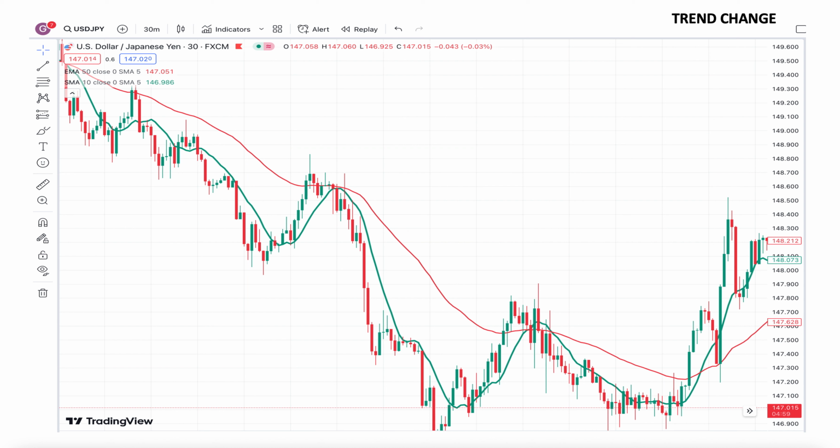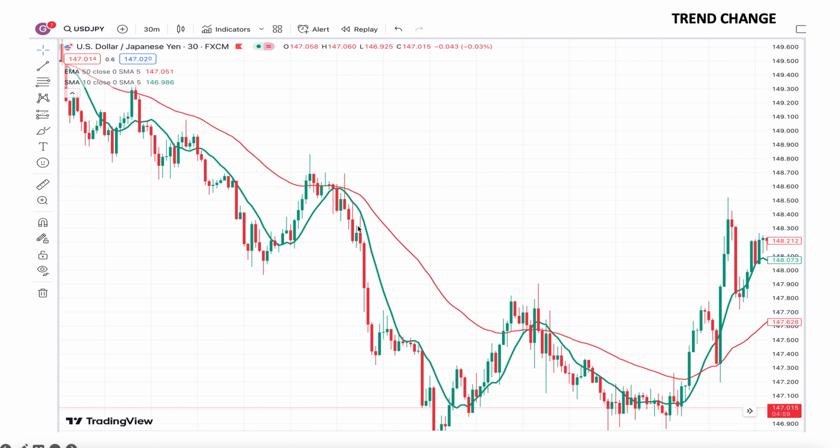Now, the most common way most people use this indicator is what they call a crossover. They call it a moving average crossover because once the moving averages cross over, it indicates a change of character, a change of trend, and a change of market direction.